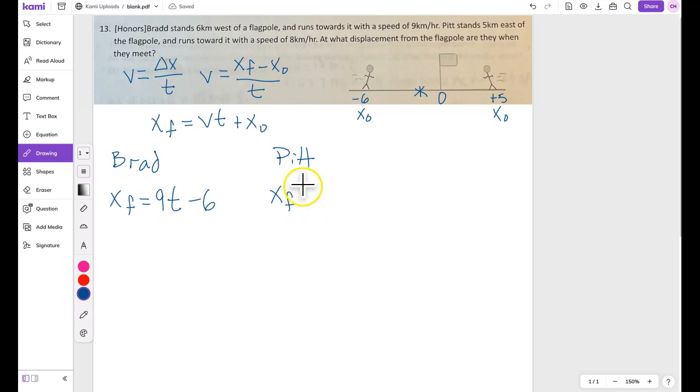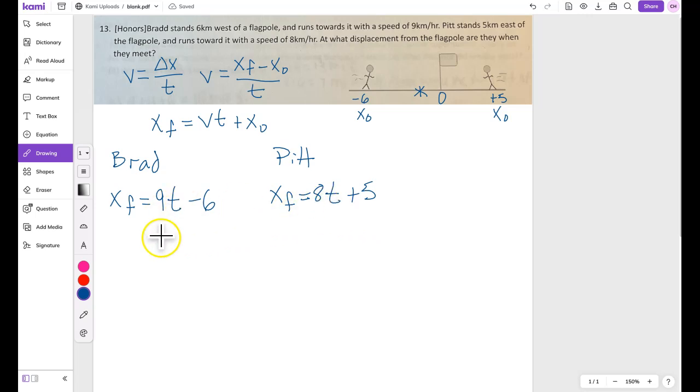Pitt, on the other hand, has a speed of 8 kilometers per hour. We're going to multiply that times the time, and then add Pitt's original position, which is plus 5. Because they're both going to be at the same spot, we can now solve for the time it takes for both of them to get there, because it's the same.